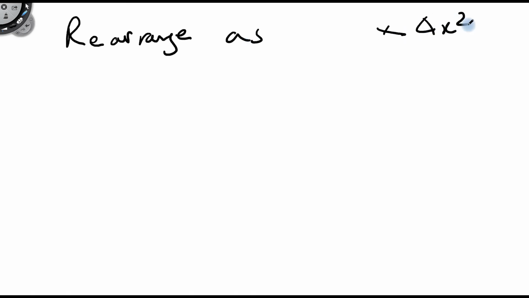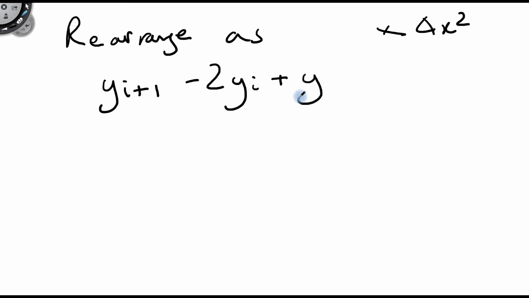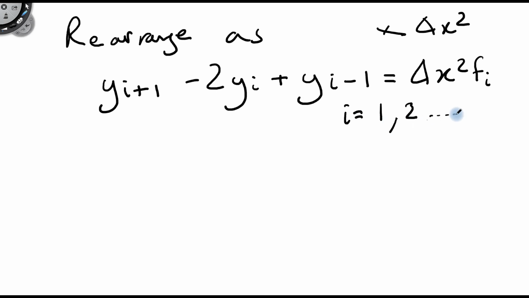So just before we write down this matrix problem, we multiply through by delta x squared, and we get y i plus 1 minus 2y i plus y i minus 1, for i equals 1 to n minus 1.